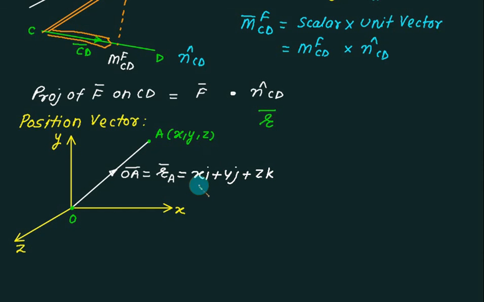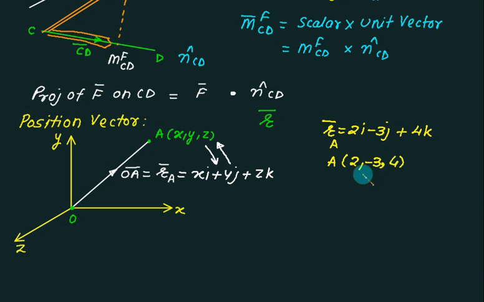If you know the coordinates, you can write the position vector, and if you know the position vector, can you write down the coordinates? For example, I have R bar equal to 2i minus 3j plus 4k. So can I conclude the coordinates of point A are (2, minus 3, 4)? They will not provide data in this form; they will provide it in that form. They are mutually convertible. The coefficient of i will be x, j will be y, and k will be z. Is it fine?